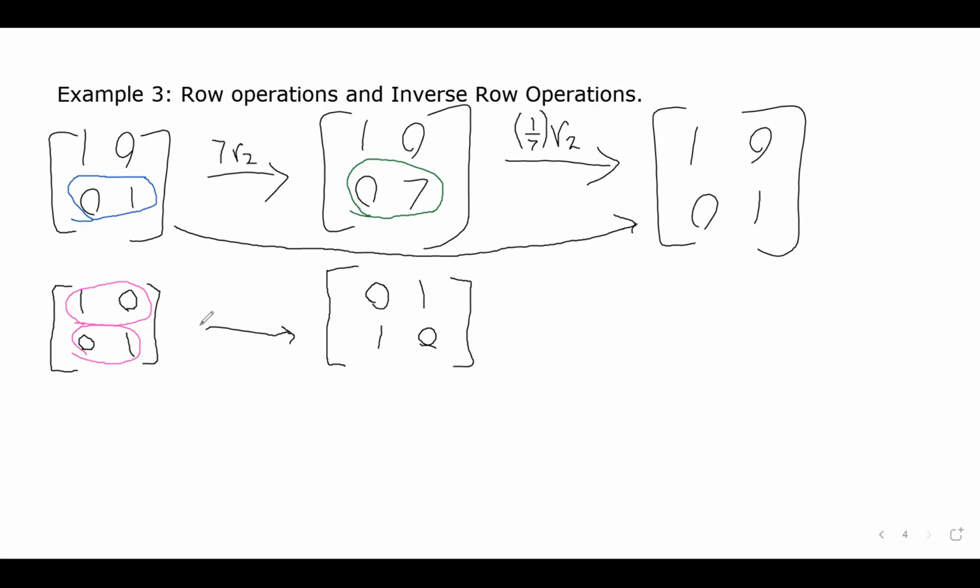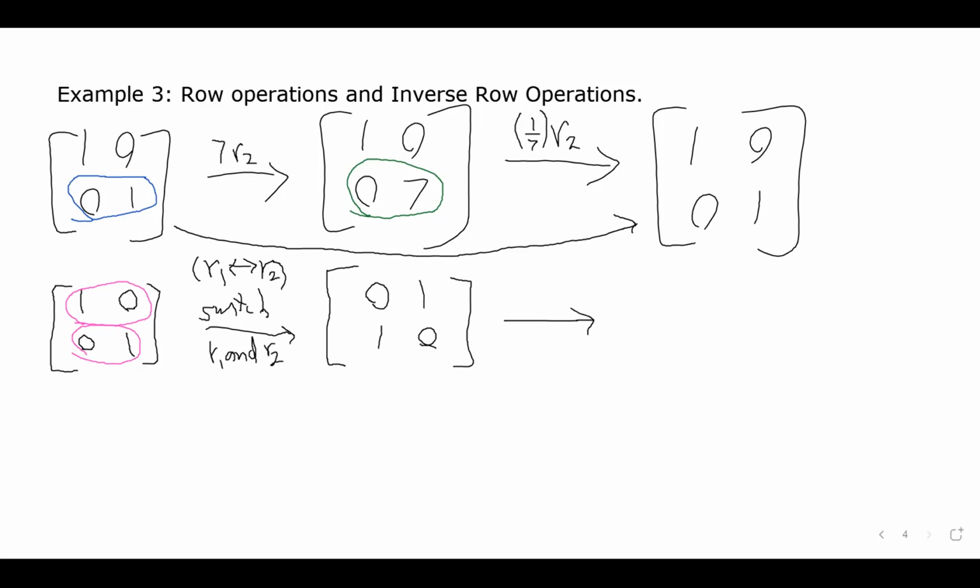And so this is just switch R1 and R2. I'm also going to adopt this notation for switch R1, R2: R1 with arrows going back and forth. That's my shorthand for switching R1, R2. You can also write out the words. If you write that above the arrow, then I'll understand you mean that you're switching 2 rows.